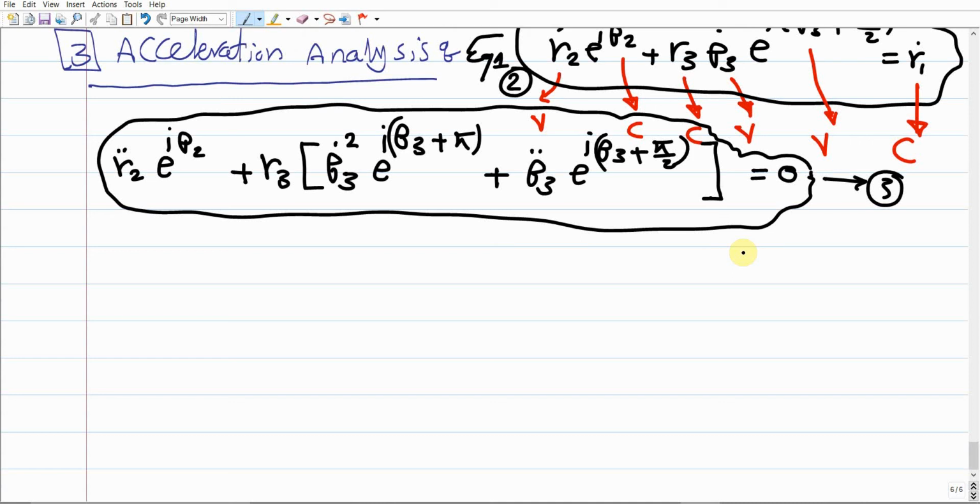But if you look here on the side, we do have some terms that include double dot, like R2 double dot and theta 3 double dot. R2 double dot indicates acceleration. The acceleration of what? Of R2. What is R2?